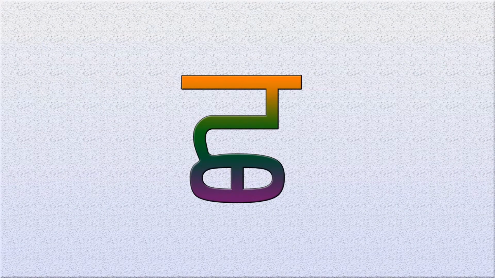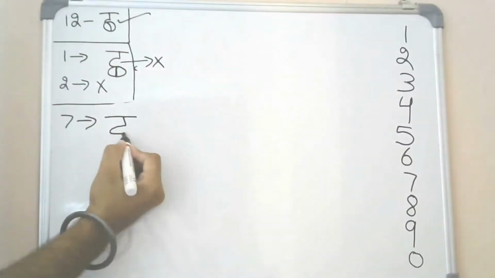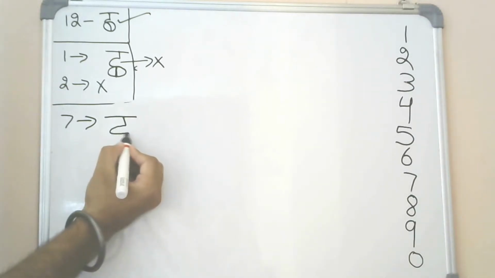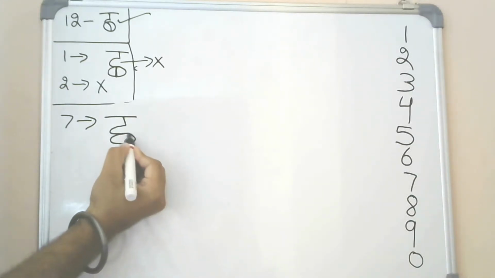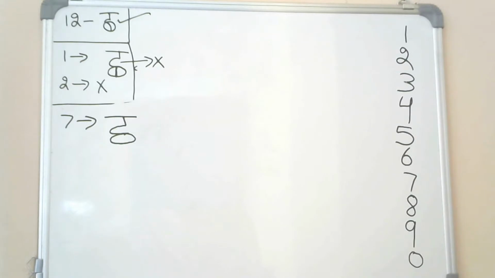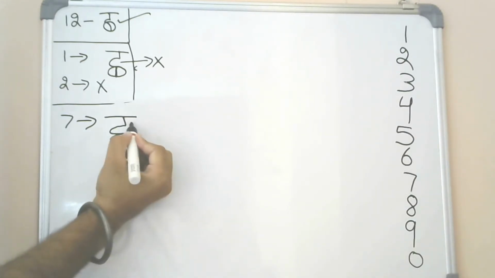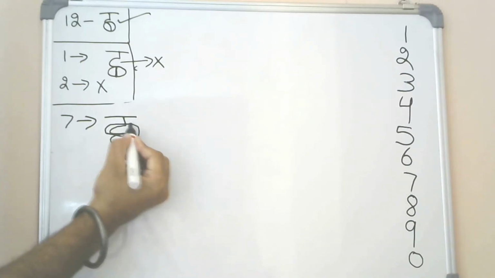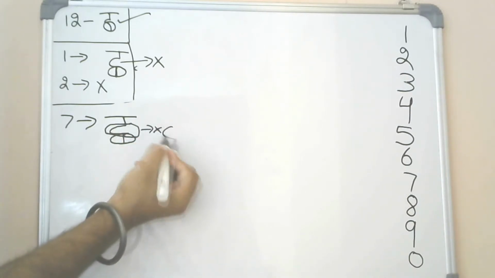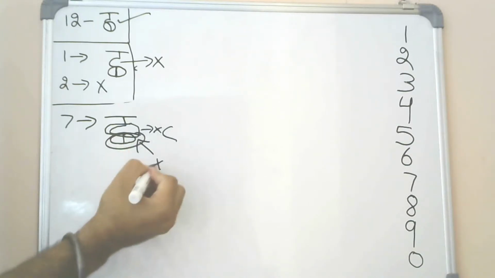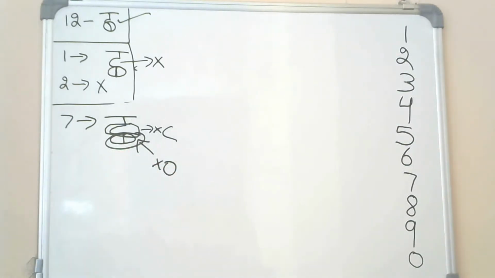It will be something like this. And then again we will have it like this. Then a line here. So this thing here will not be a C, and this thing below will not be an O. But if you want to use C and O, it will be fine.